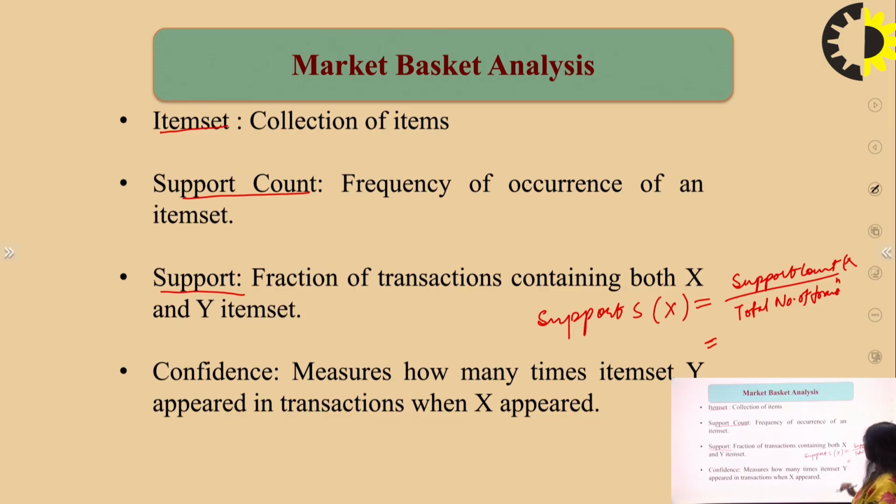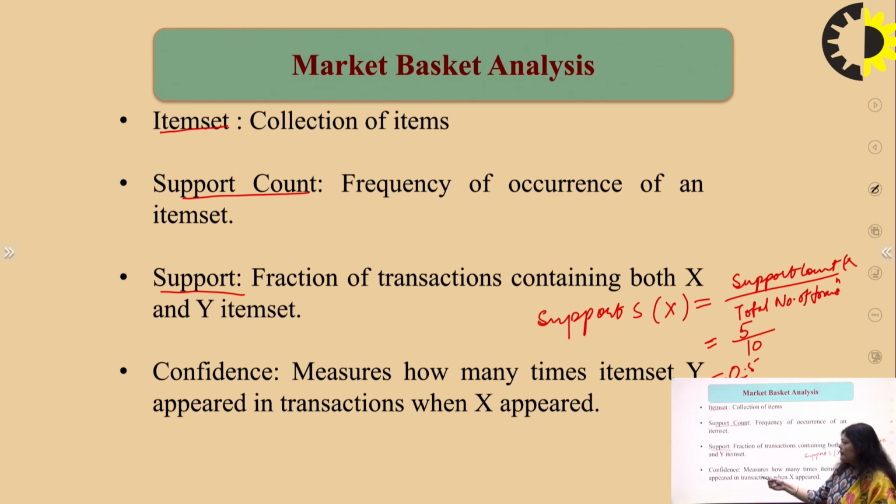For example, if the support count of X is 5 and the total number of transactions inside the data set is 10, then we find this ratio, and it gives 0.5. So this becomes the support for X.